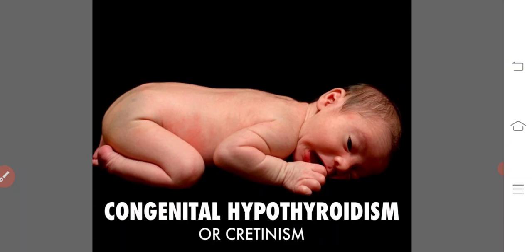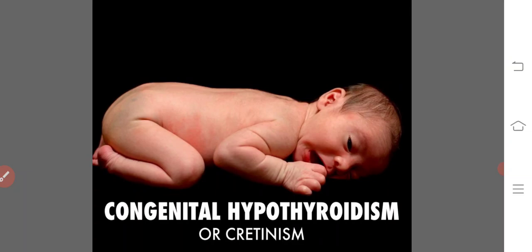Sometimes hyposecretion in the case of children in the childhood stage leads to congenital hypothyroidism, otherwise cretinism. We should be very careful while discussing pituitary dwarfism and thyroid cretinism, because students often get confused.